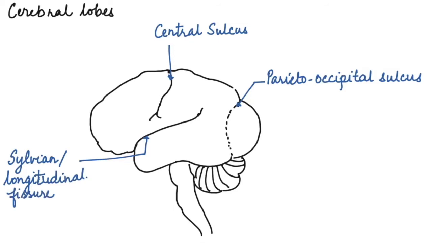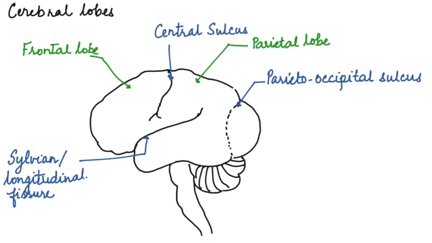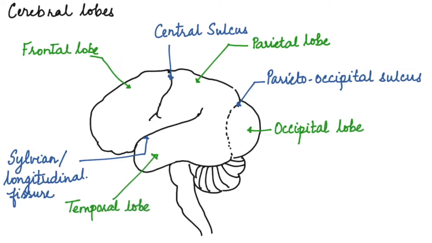The front part or the anterior part of the cerebrum is the frontal lobe. This frontal lobe is separated from the next lobe, that is the parietal lobe, by the central sulcus. The posterior part of the cerebrum has the occipital lobe. The occipital lobe is separated from the parietal by the parieto-occipital sulcus. The sides of the cerebrum have the temporal lobe, which is separated from the parietal and the frontal by the sylvian or the longitudinal fissure.